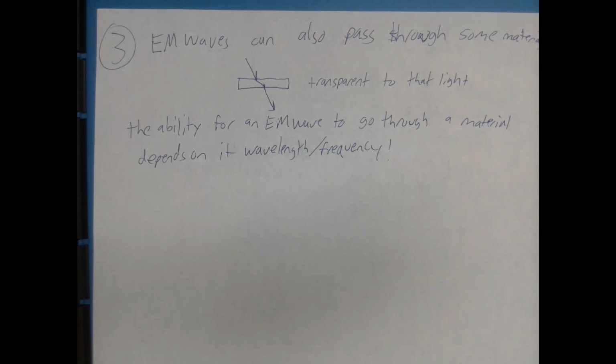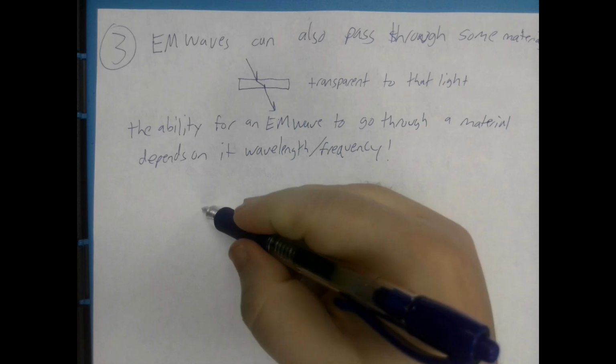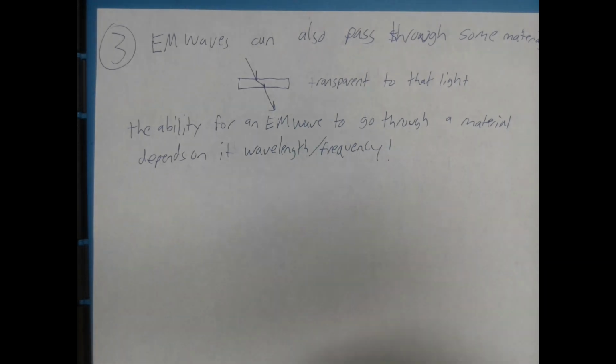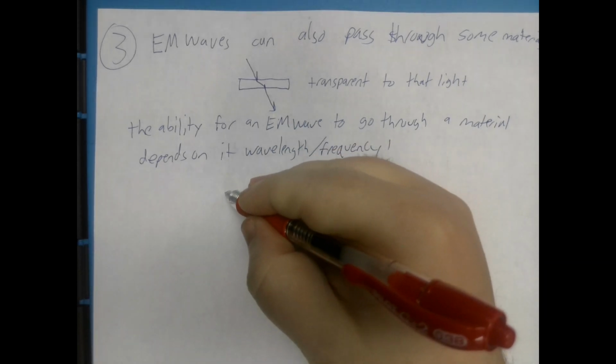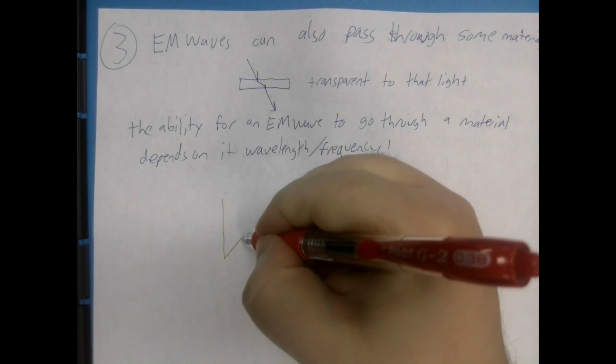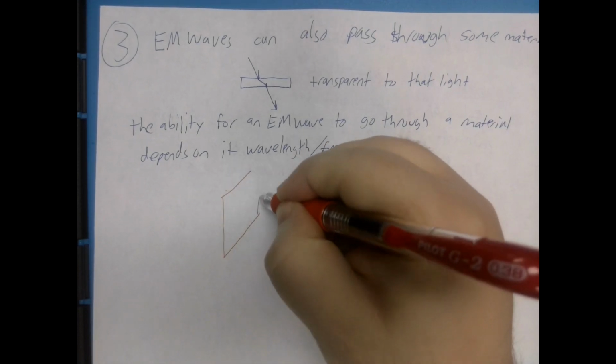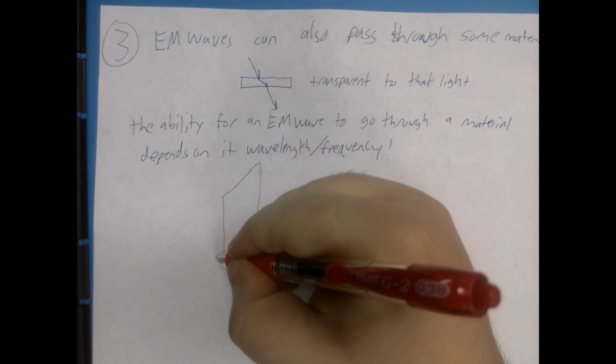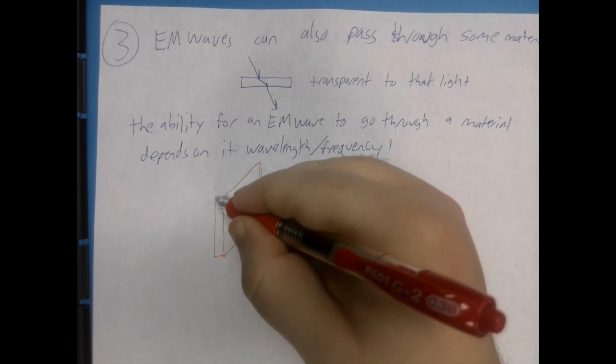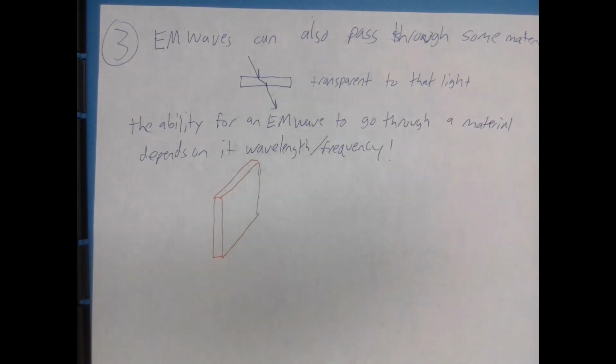So for example, if I had just a red filter or red piece of glass, would red light pass through it?